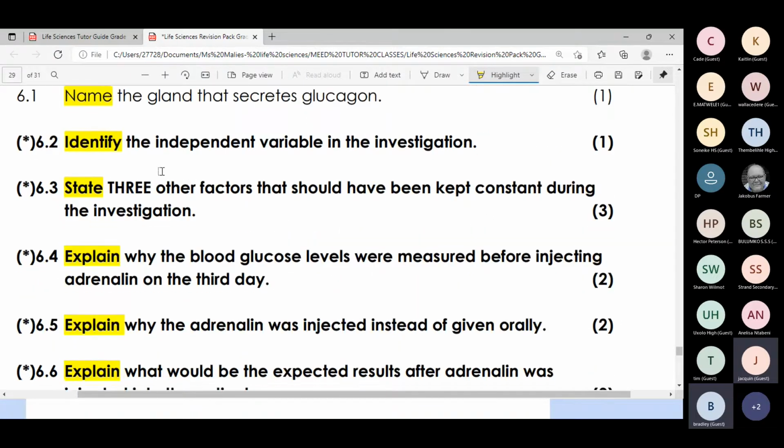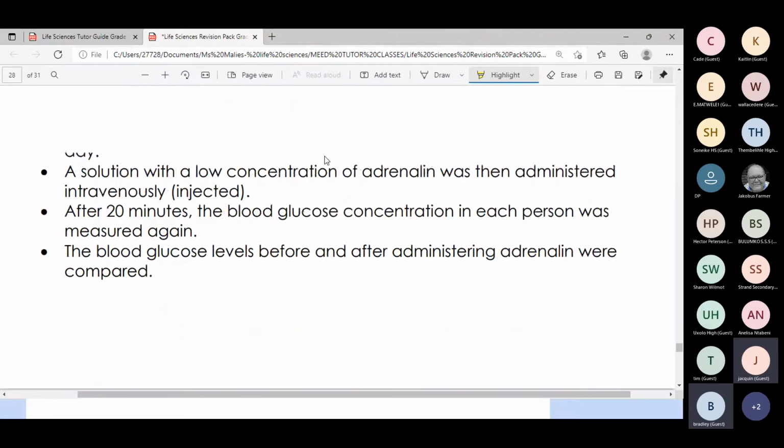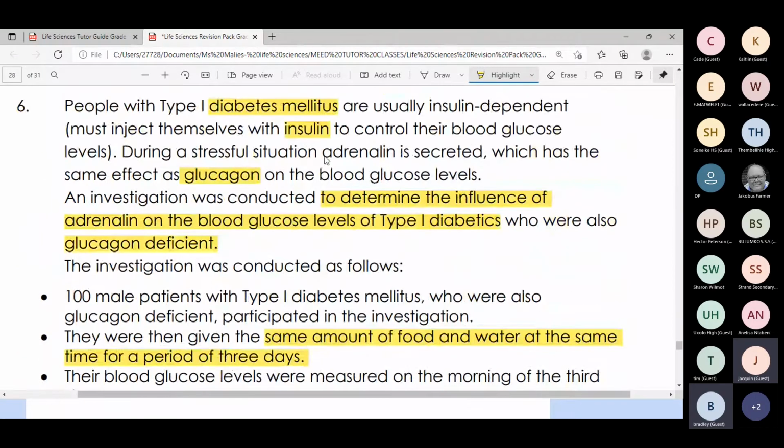Then our higher order questions, 6.2, identify the independent variable in this investigation. Now, I forgot to mention that, grade 12s. When there is a scientific investigation question and you're reading all of the information, while you are reading, try to identify what is the independent variable and what is the dependent variable.